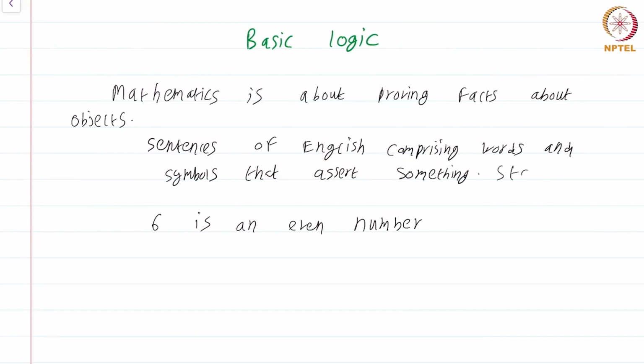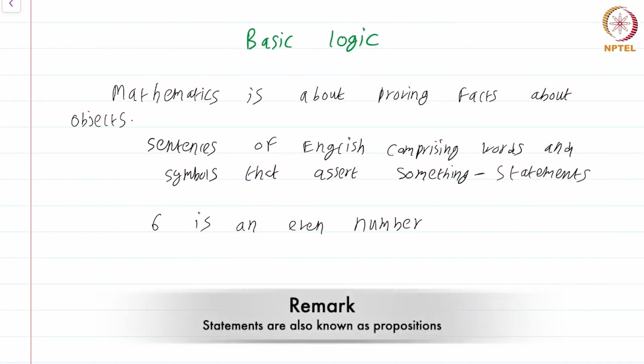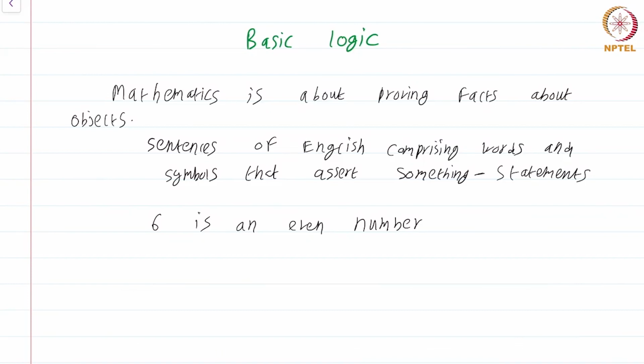Sentences that have a true-false assertion are called statements. So mathematics is essentially about proving facts about certain objects. That means mathematics is about determining the truth or falsity of statements that deal with mathematical objects. This happens to be a true statement, as we all know.